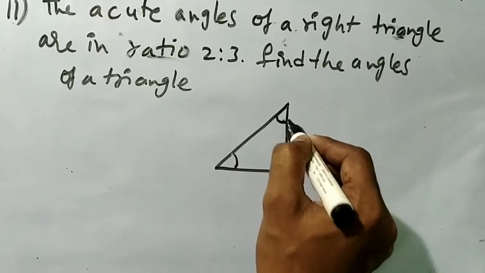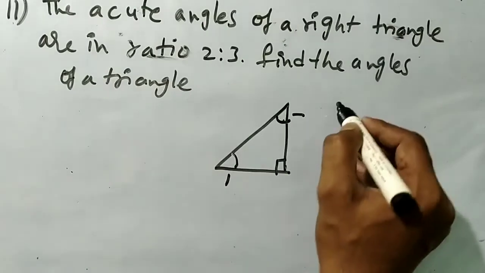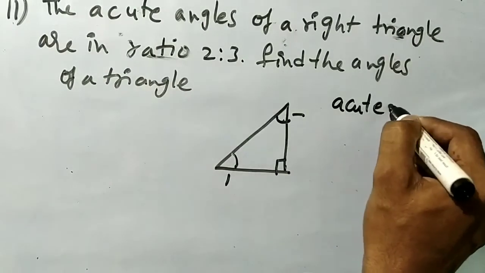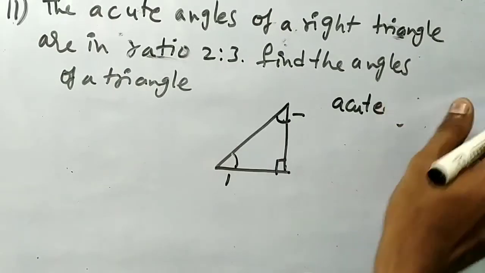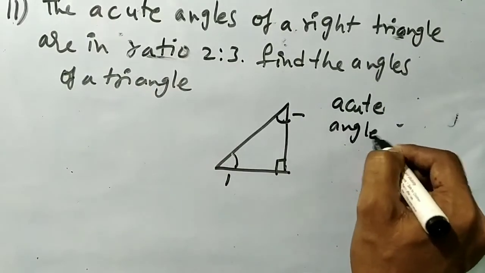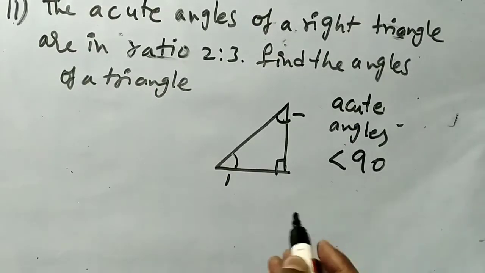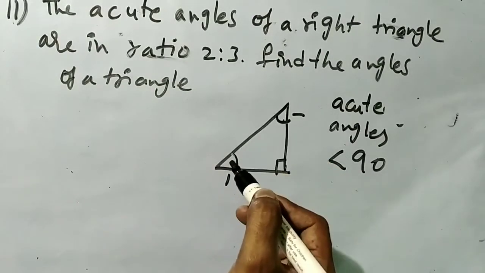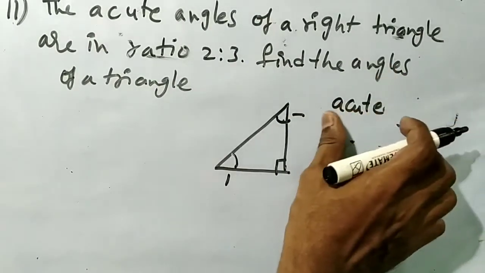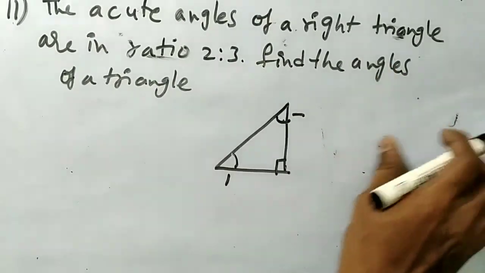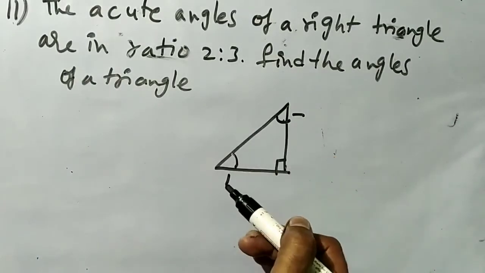We know already that acute angles are nothing but less than 90. These angles are less than 90 and this one is 90, because we know already the right angle is nothing but 90 degrees. So these two acute angles are in the 2:3 ratio.